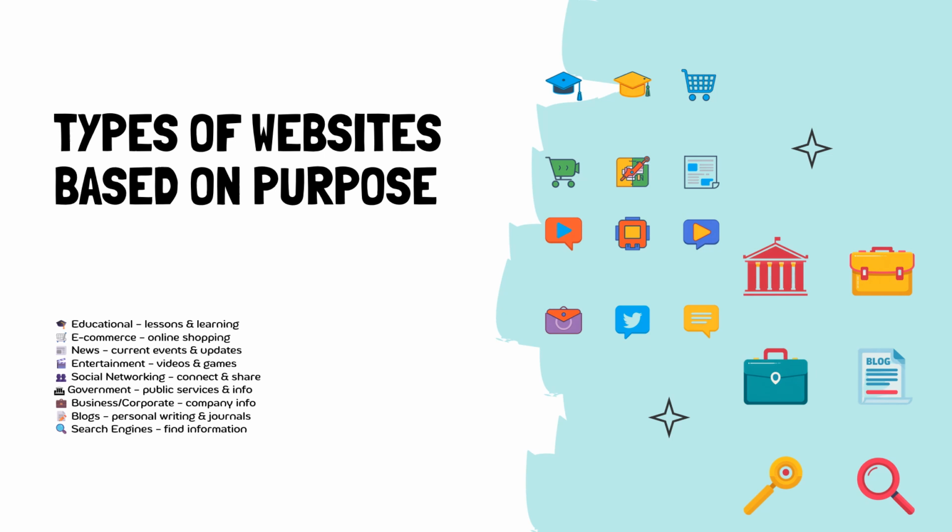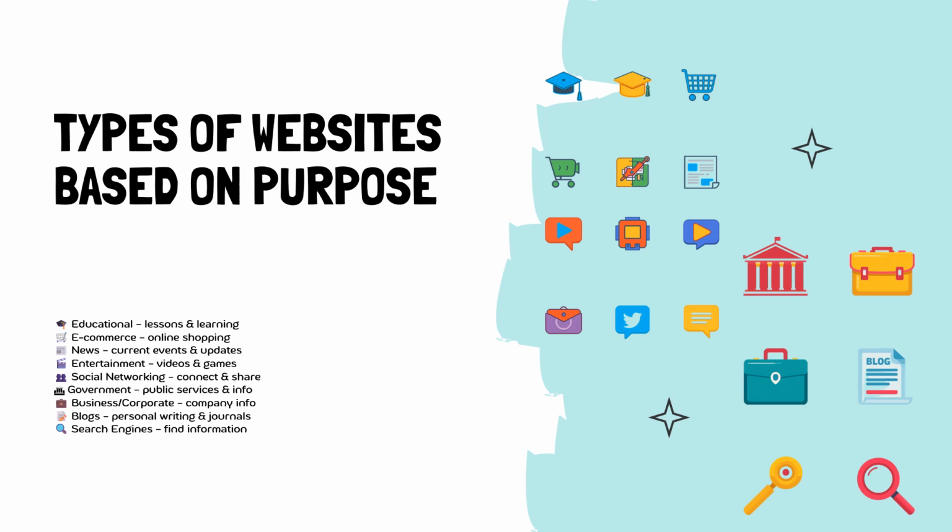A news website provides current event reports and updates. We also have entertainment websites, which may provide videos, music, games, and other forms of entertainment. A social networking website allows people to connect, communicate, and share content.